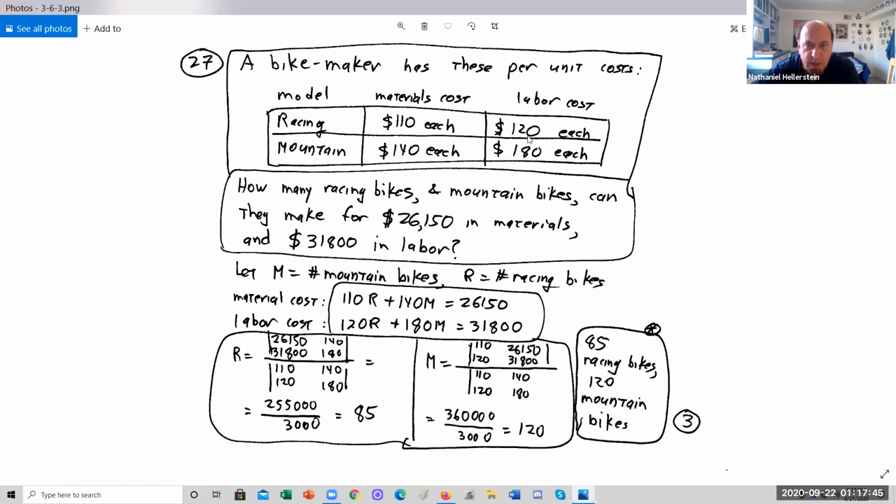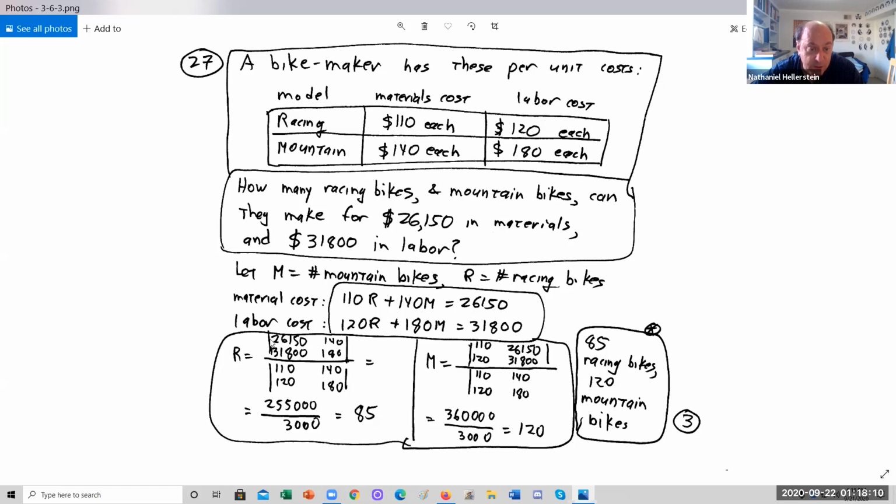For labor costs, there's $120 per racing bike and $180 per mountain bike. So the total labor cost is 120R plus 180M, and equals a total of 31,800. So you get these two equations, a 2x2 system. And okay, for this, might as well use Cramer's rule.